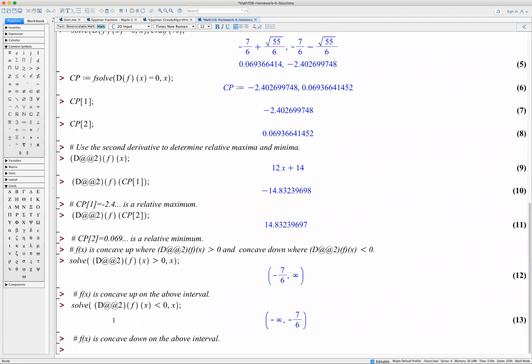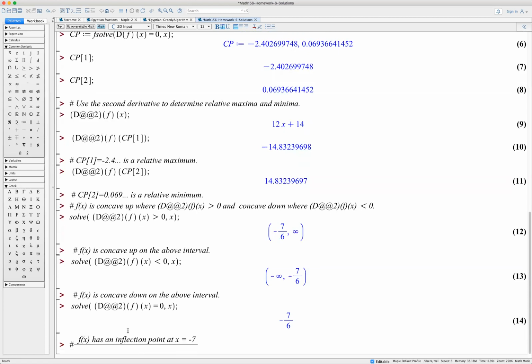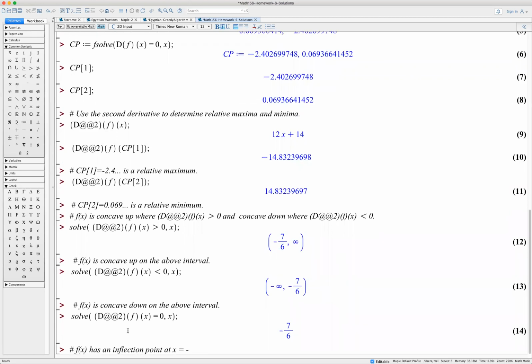And so it clearly has an inflection point at x equal minus 7/6, because that's where the concavity changes from down to up. If we want to just double check, where is the second derivative equal to 0? Minus 7/6. So f of x has an inflection point at x equals minus 7/6, at the above point.